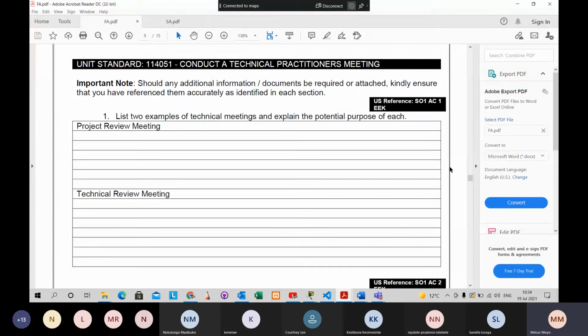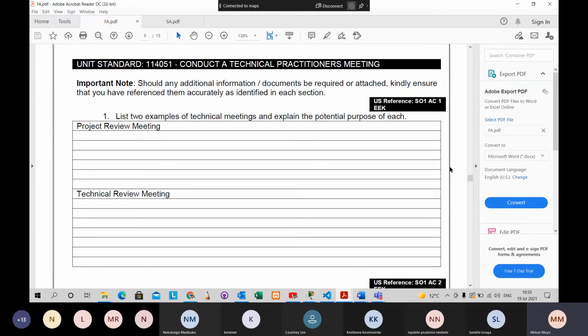Okay, let's go through this now. Quickly, it says list 2 examples of technical meetings and explain the potential purpose of each.